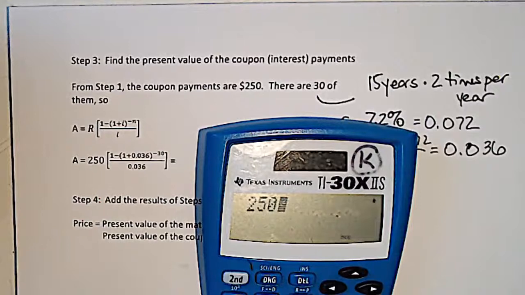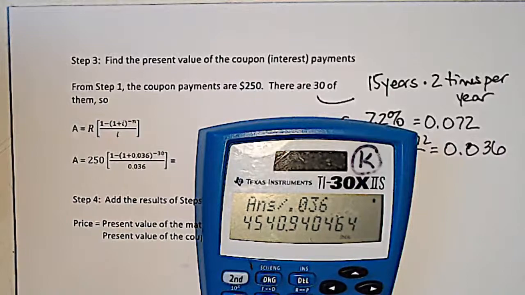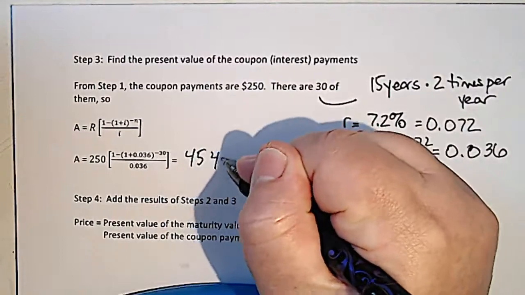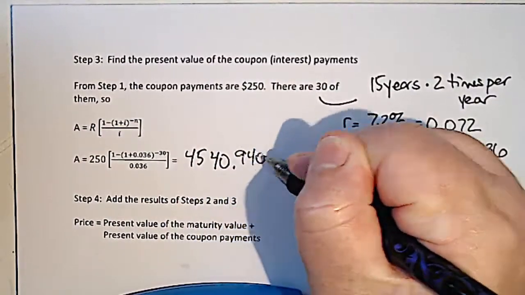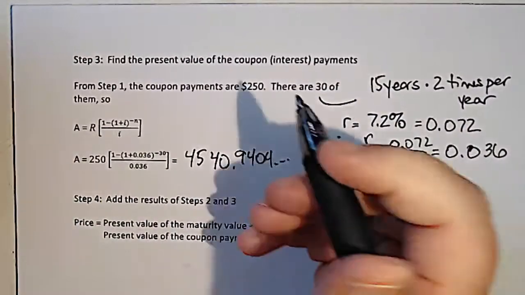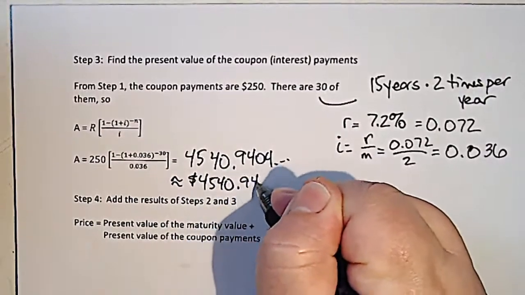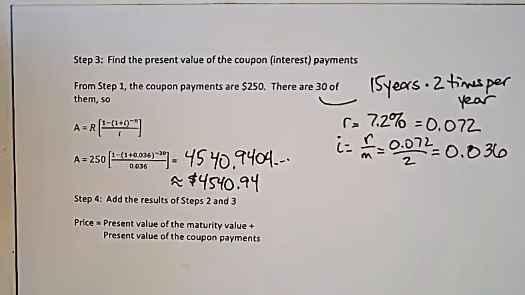I'll do 250 times parenthesis 1 minus 1.036 raised to the negative 30 power, close parenthesis, equals, and then I will divide by 0.036, and I will get this amount, 4540.9404 and some other things. So approximately 4540.94.